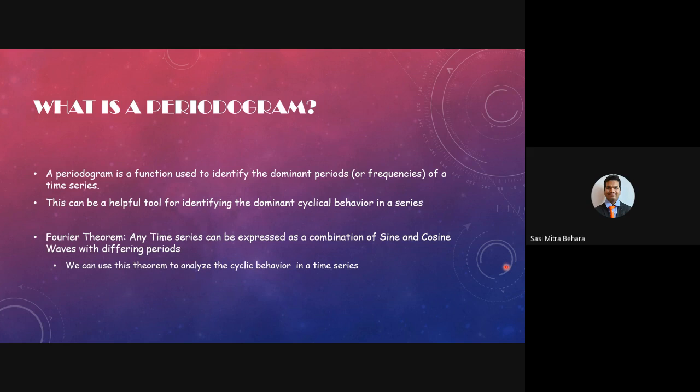So for instance, you are looking at the brightness of a star for a long time, and you can see how it changes over time.